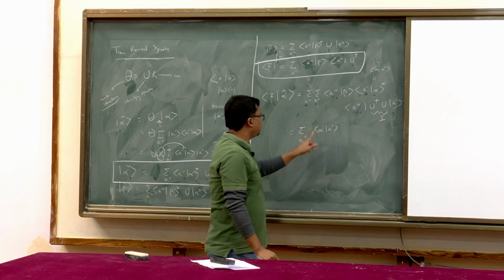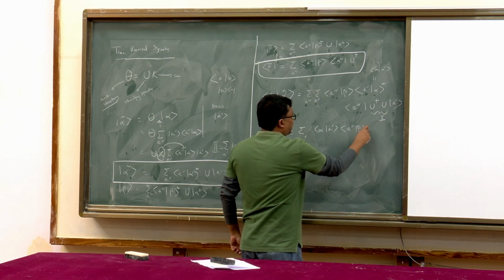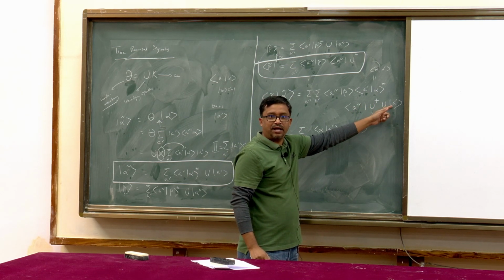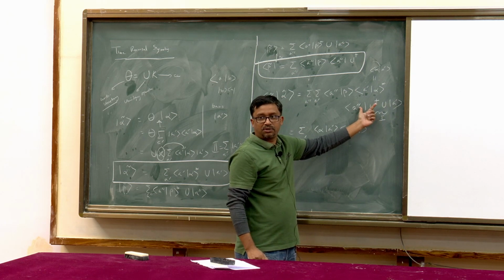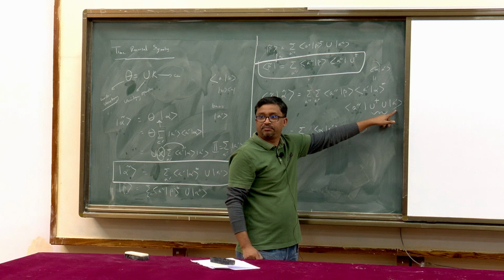I take it in front, alpha A prime and A prime beta, because of this overlap between A double prime and A prime. We know this is the orthonormal set, so it will be 1 only when A double prime hits A prime, and in all other cases it will be 0.